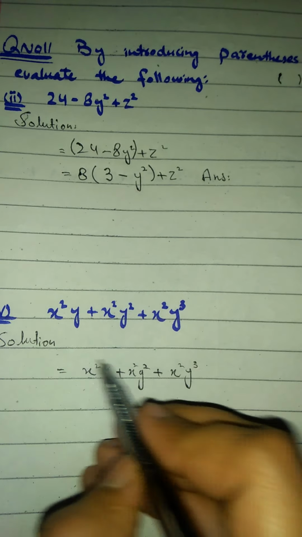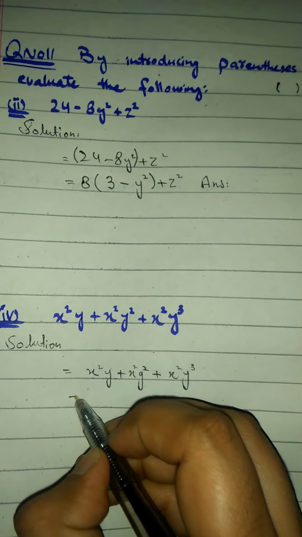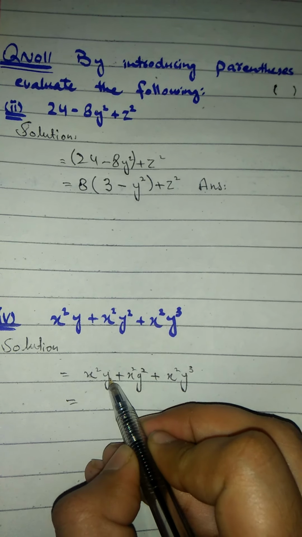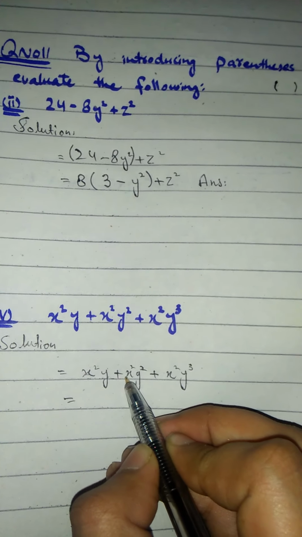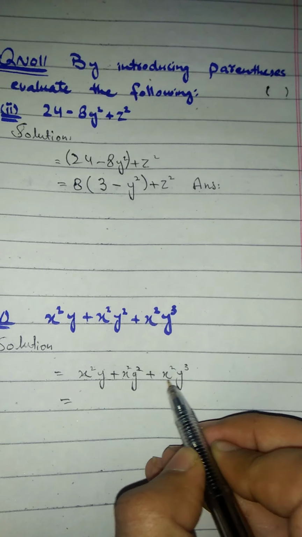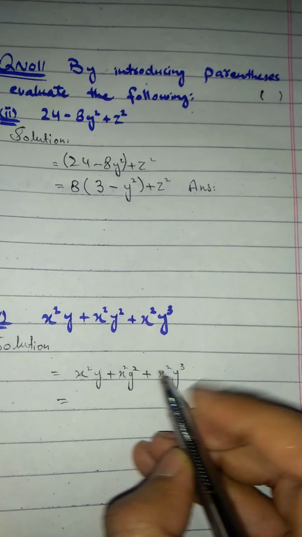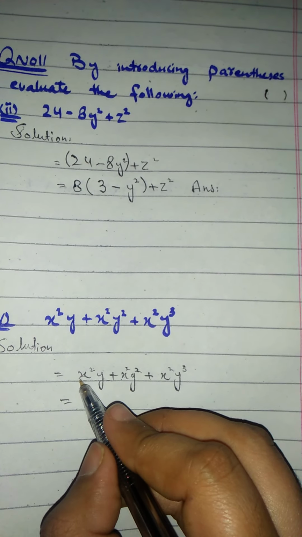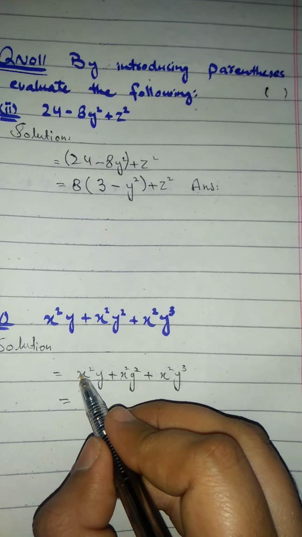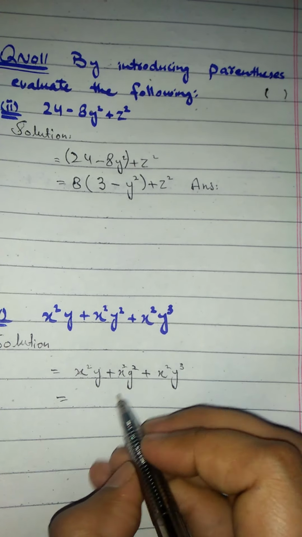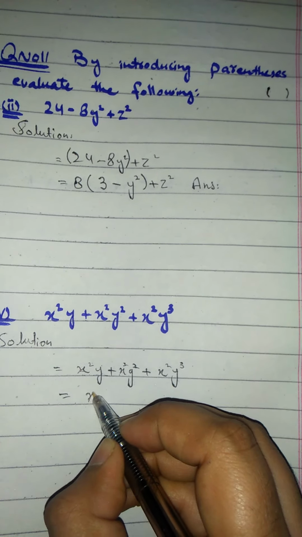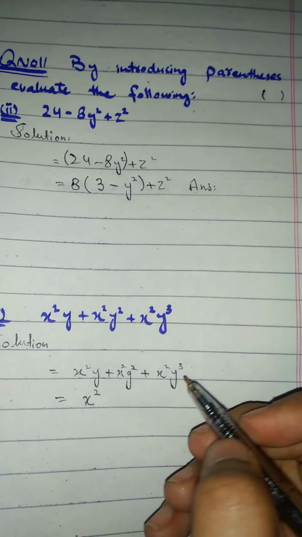Also look at the fourth part, look at this term. This term has x square y, and the second term has x square y square, and the third term has x square y cube. Now as there is x square in each term, we will take x square as common.